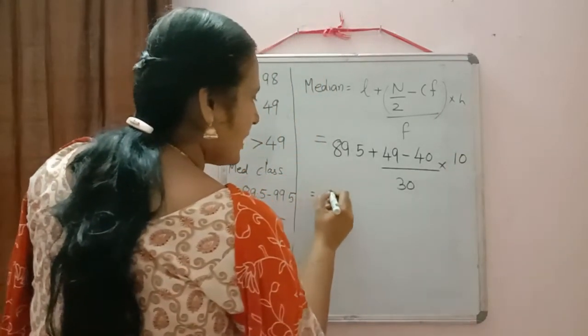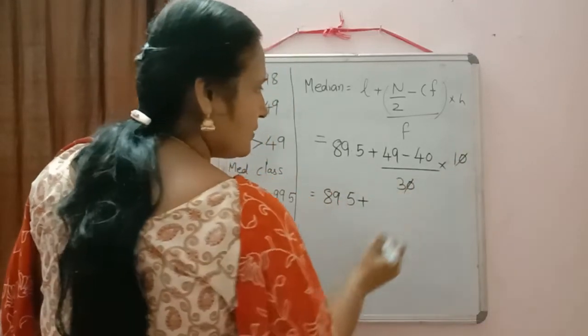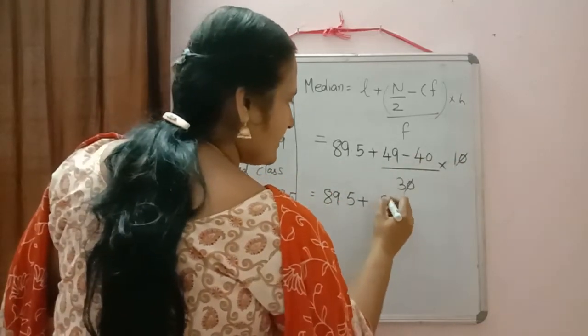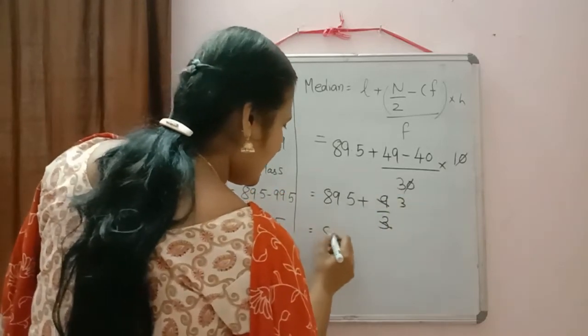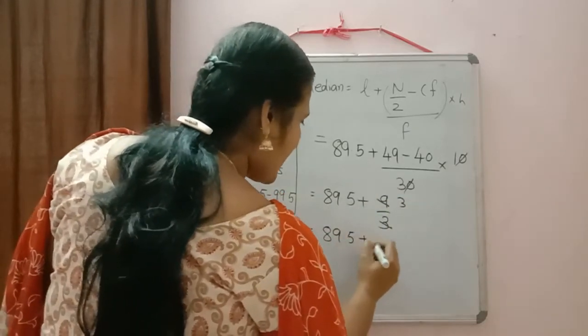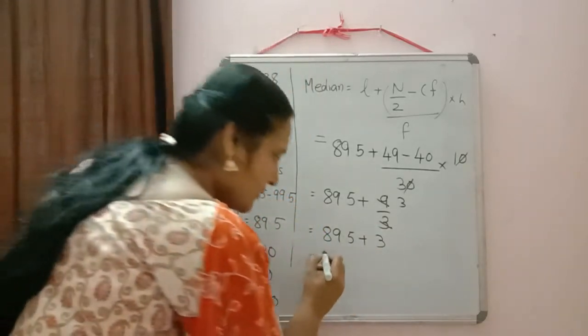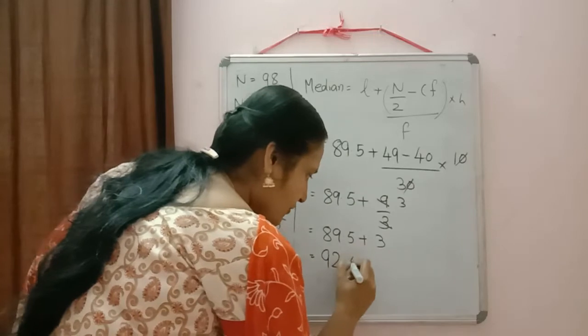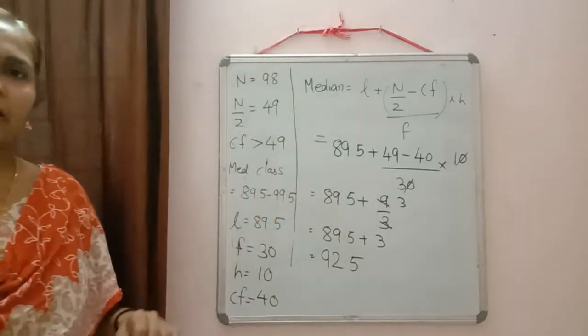So here we can cancel it. 89.5 plus, 0 and 0 will get cancelled, 49 minus 40 is 9, 9 by 3. We can cancel here. So we are getting 89.5 plus 3, that will be equal to 92.5. So median is equal to 92.5.